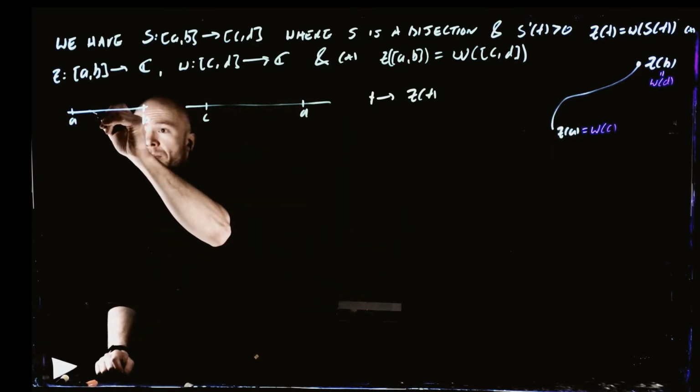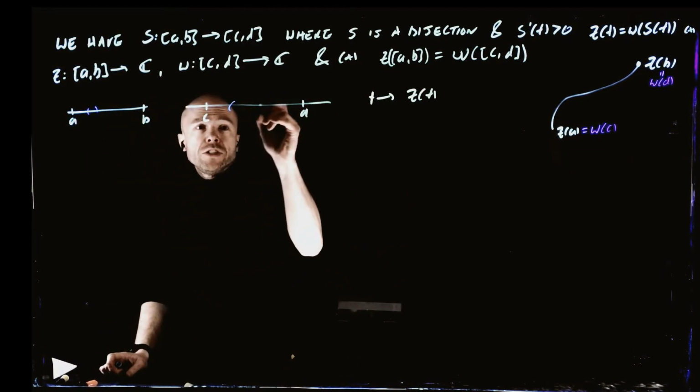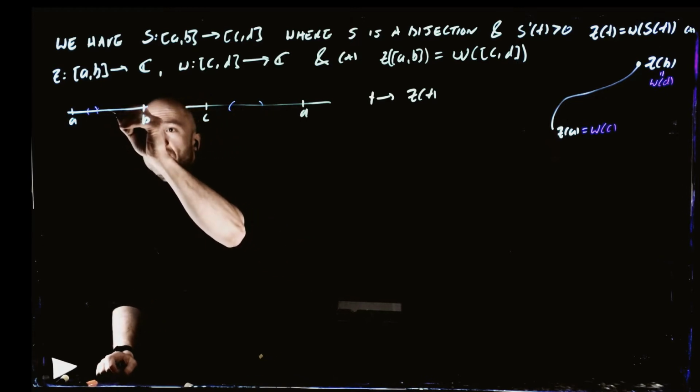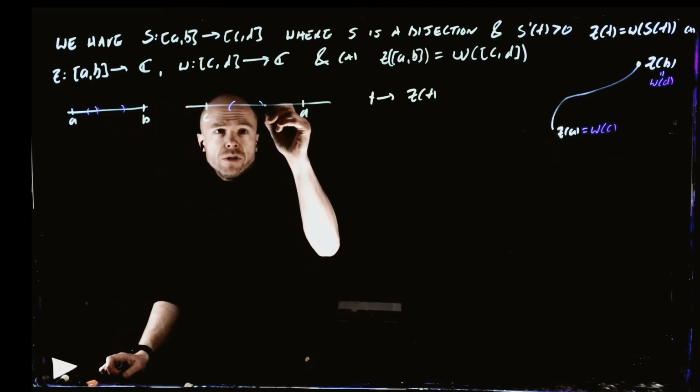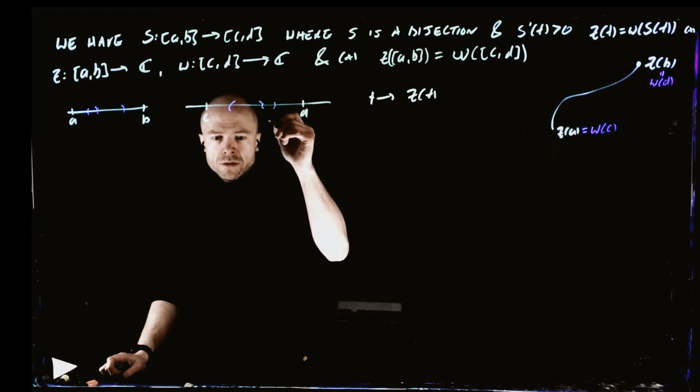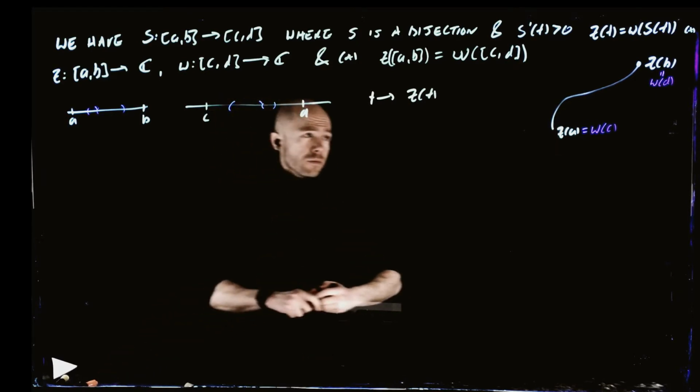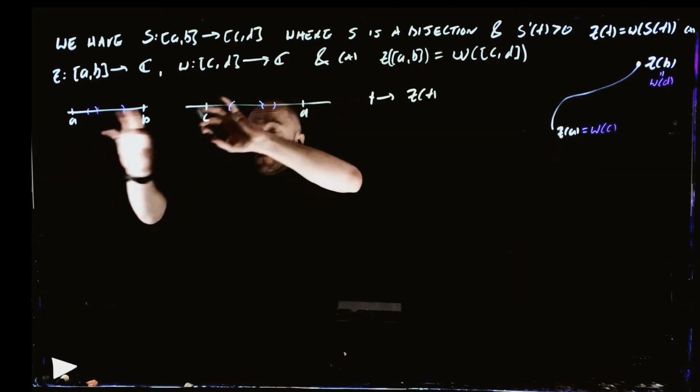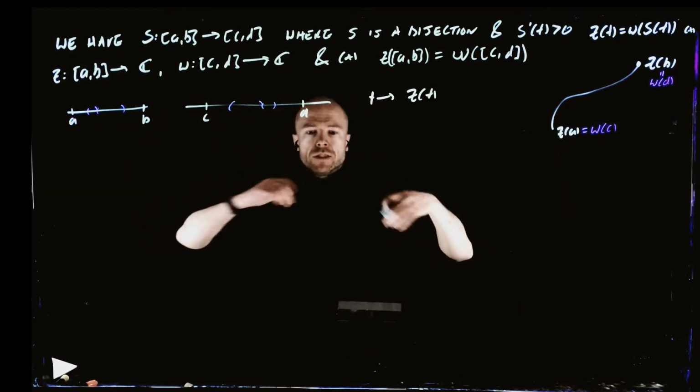So for example, from here to here could be stretched from here to here, but then from here to here could be shrunk from here to here, right? All that stuff is fine, yeah? So it doesn't have to be in any way a regular rescaling of time, it just has to be bijective.